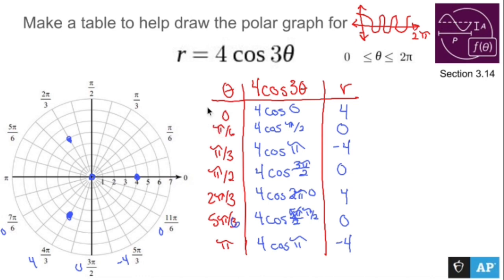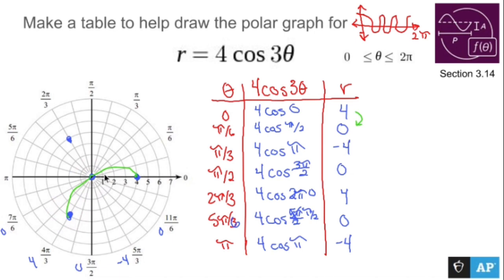Okay, no big deal. Now what I need to do is start connecting these things. When I'm starting out at 4, as I move towards pi over 6, I'm heading towards 0, so that happens. As I move towards pi over 3, I'm heading towards -4, so that's going to happen.